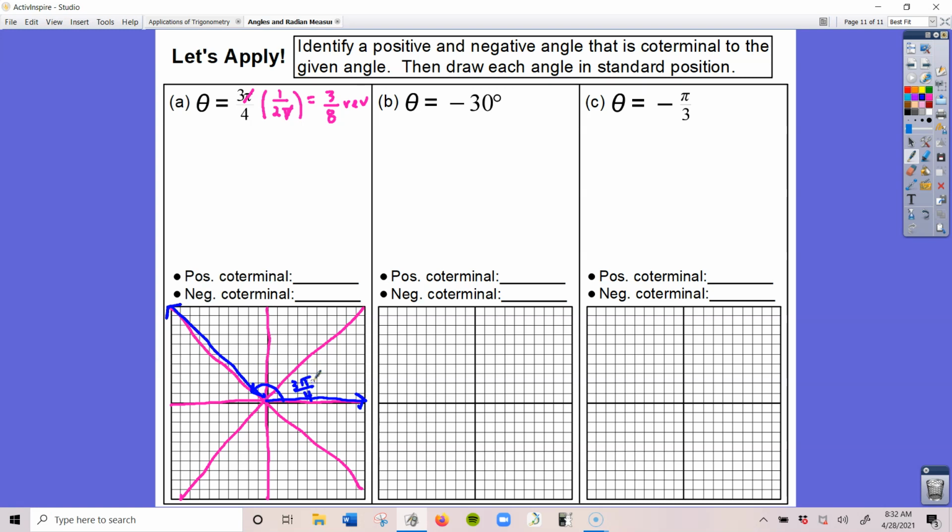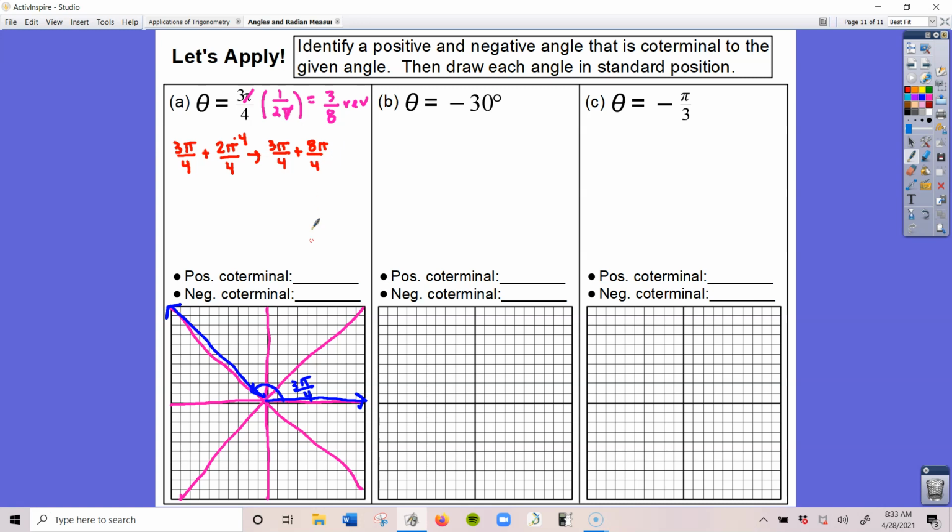Now we're going to find our coterminal angles. Let's start with the positive. In order to get a positive coterminal angle, that means I need to take 3 pi over 4 and add 2 pi. To add 2 pi, I need to put this over 4, meaning multiply the numerator by 4. And we get 3 pi over 4 plus 8 pi over 4.